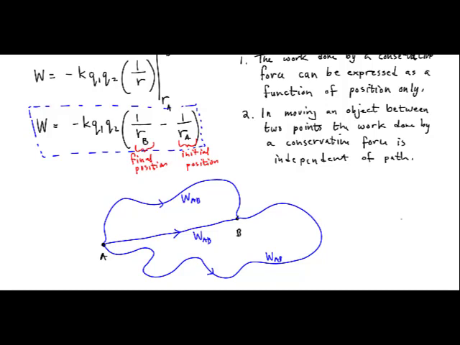Notice how this function has no indication of how we got from point A to point B. The only thing that matters is where we started and where we ended, starting at the initial position A and ending at the final position B.